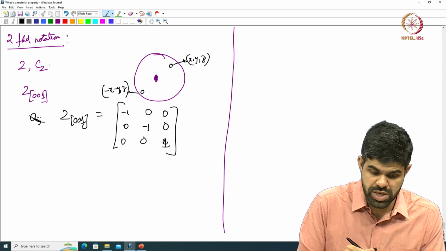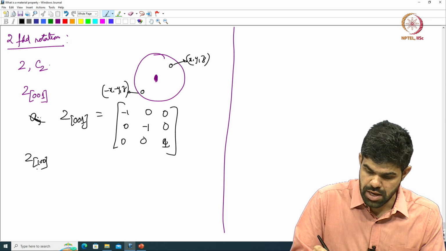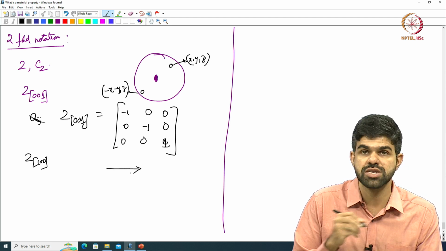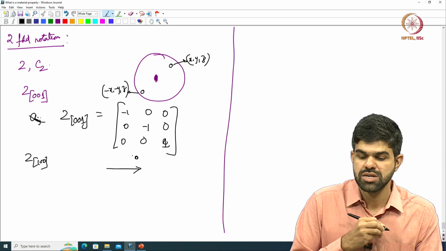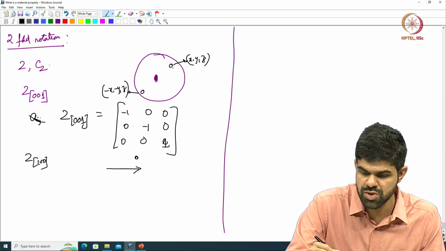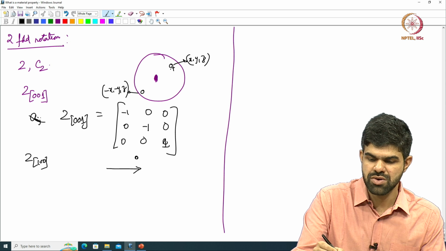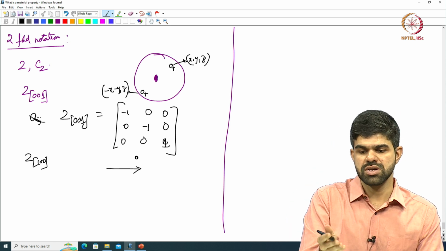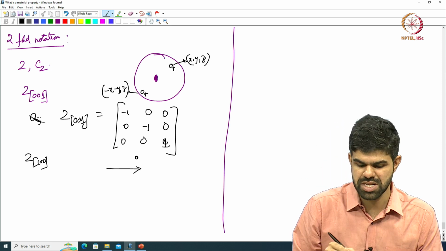So, this is what is called a two-fold rotation. Now, I can also have a two-fold rotation about 1 0 0. This is my axis of rotation, the 1 0 0 direction, and if I have an object here which is coming out of the plane, I am going to call it plus. If I do a two-fold rotation about the z axis, the c axis, and this is coming out of the plane, this object also will come out of the plane, so the plus remains.